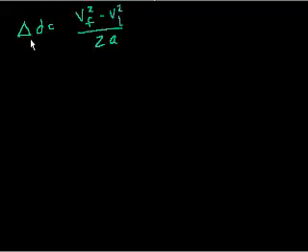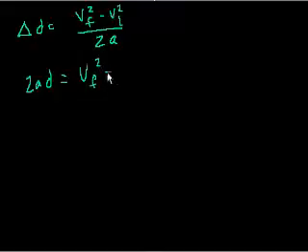If we assume that we start at distance equal to 0, we could just write d here, and that might simplify things. If we assume that we always start at distance 0, the initial distance is always 0. If we multiply both sides by 2a, we get 2ad is equal to Vf squared minus Vi squared.